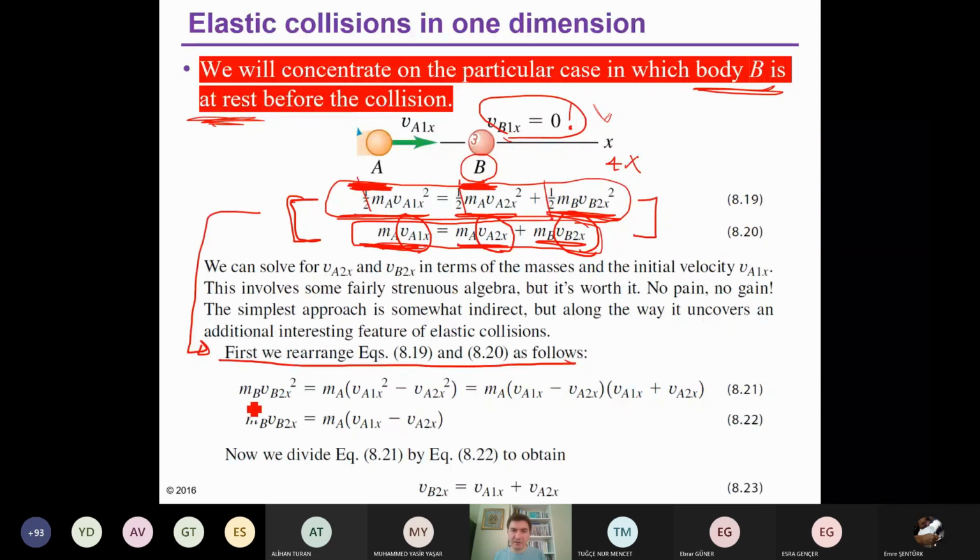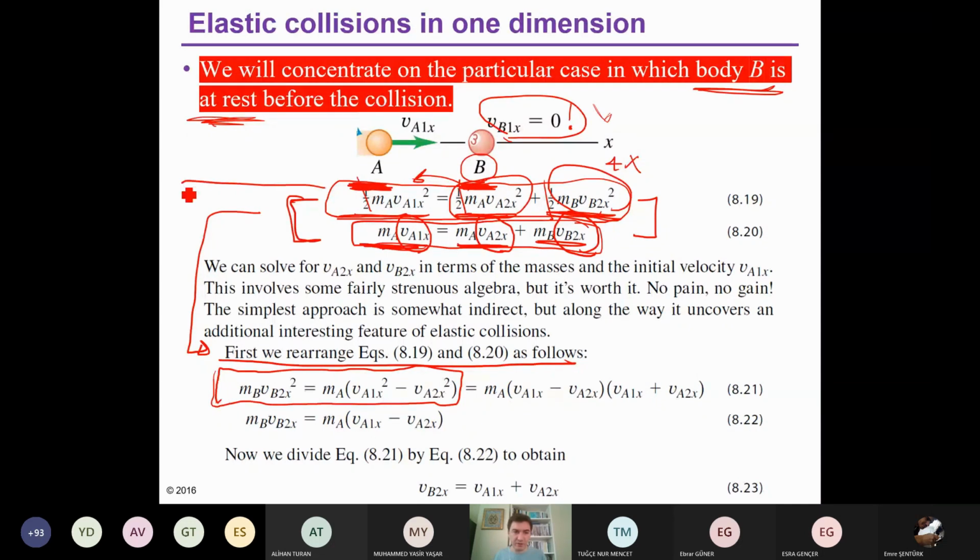Just keep this one here and move this one here to the left side. And finally, we have this expression. Okay, we have just rearranged the first equation, which comes from the conservation of kinetic energy. So now here we have VA initial squared minus VA final squared.